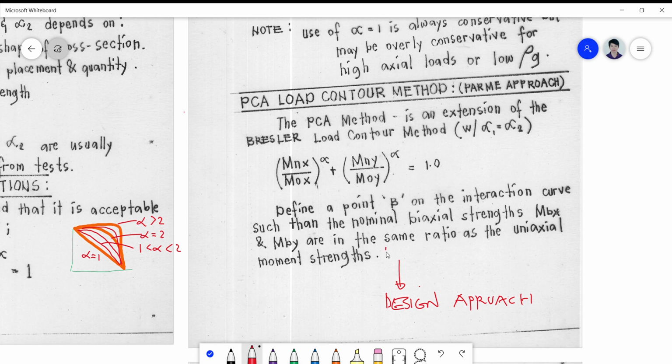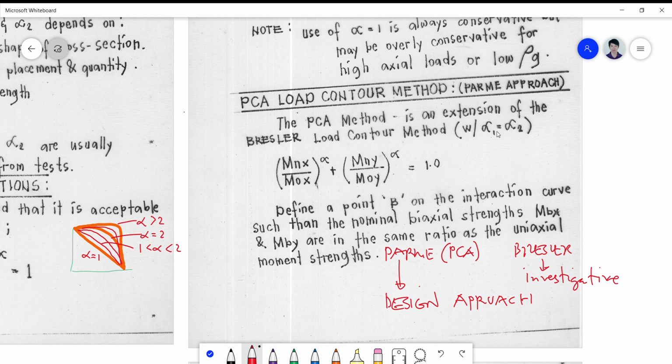So yung kay Parme to, PCA, siguro ang nag-fund nung research Portland Cement, kaya PCA. While Bresler is an investigative approach. May bakal ka na doon, meron ka ng concrete, investigate mo na lang. So, itong Parme, in-extend lang niya.